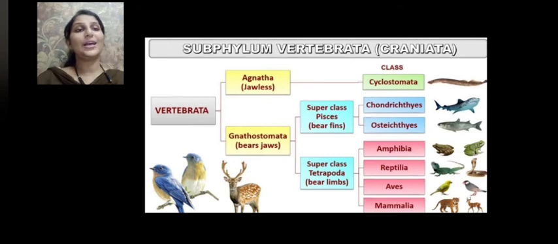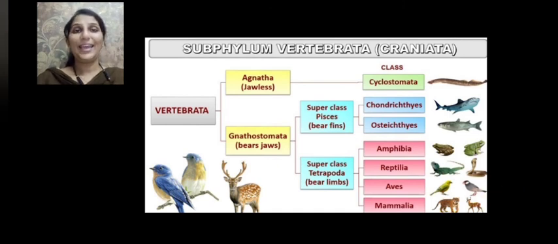The superclass Pisces can be again divided into two classes. They are Chondrichthyes and Osteichthyes. And the superclass Tetrapoda is again divided into four classes: Amphibia, Reptilia, Aves, and Mammalia.